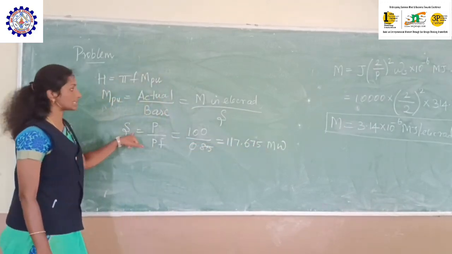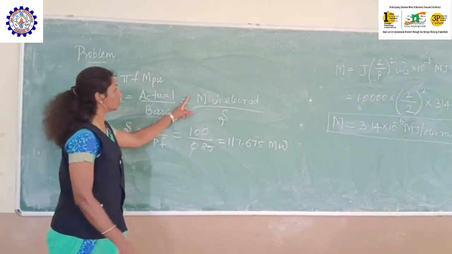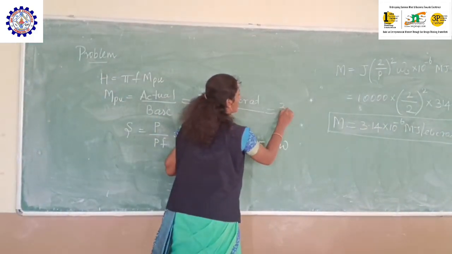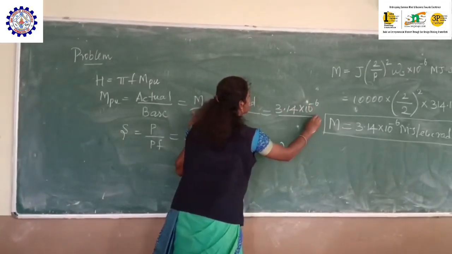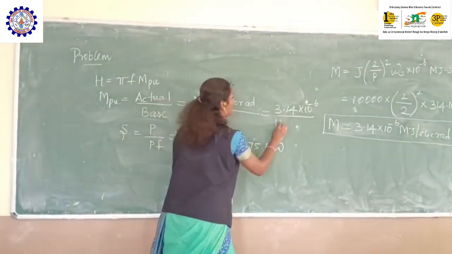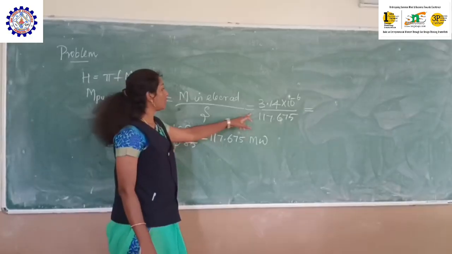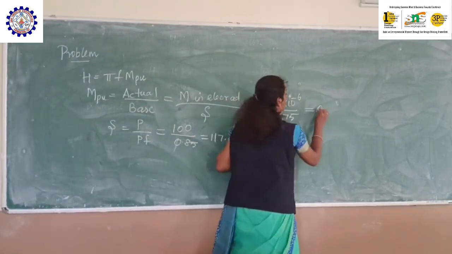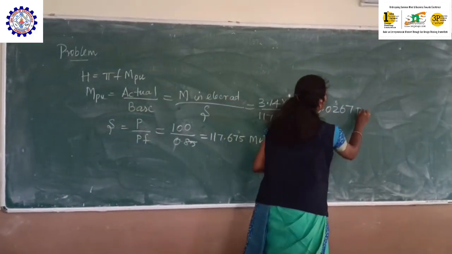Now we substitute this base value to calculate the per unit value. So M in electrical radians will be 3.14 into 10 power minus 6 divided by the value of base, 117.675. When we divide these two, we get a value of 0.0267 per unit.